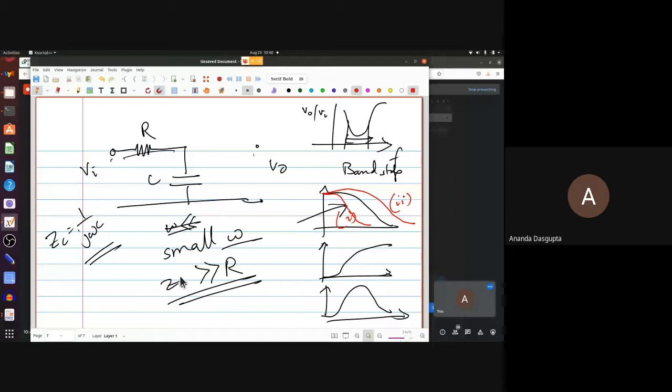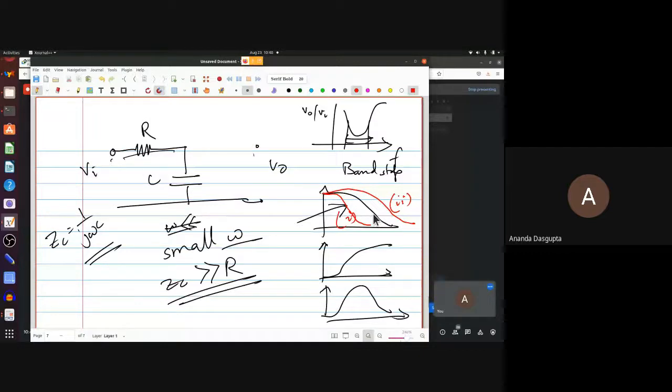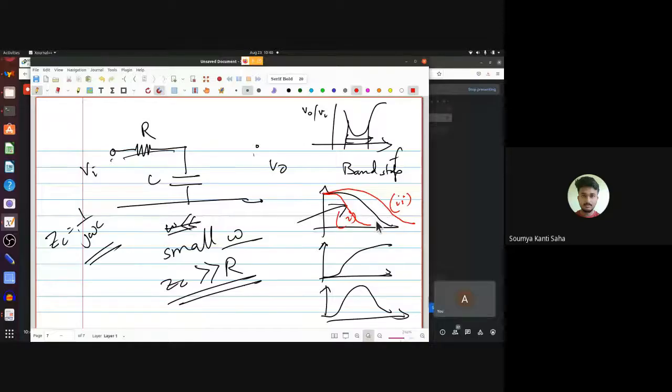In other words, do you expect the output to fall more sharply for a single RC or more sharply for a double RC? So it should fall more sharply for a double RC. So then the correct answer will be one or two. One. Remember the red one is for the single RC and the black one is for the double RC. Oh, then two. Yeah, two would be the correct answer.